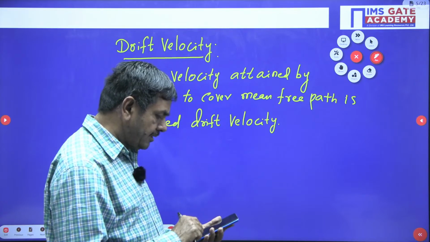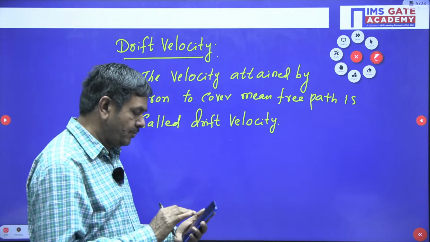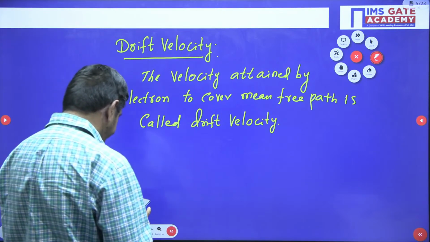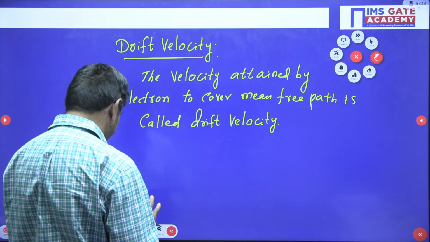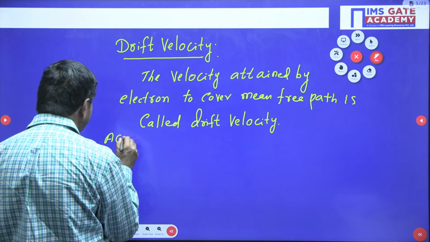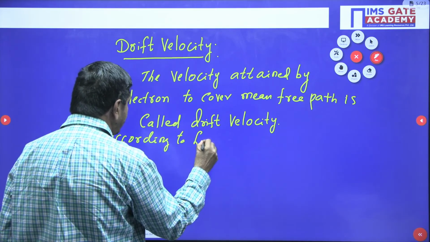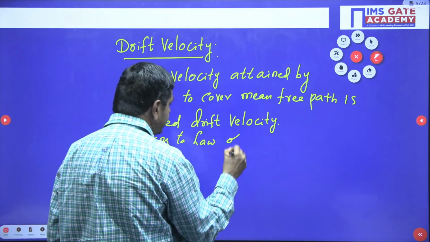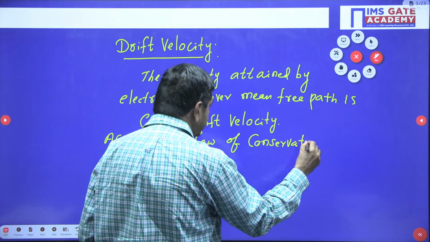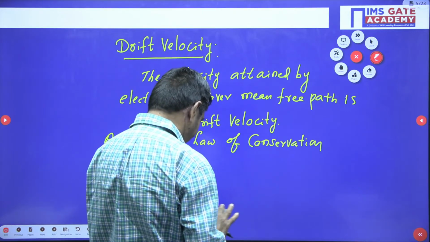But how can we find the drift velocity? That's very important. After drift velocity, you will find many other things.